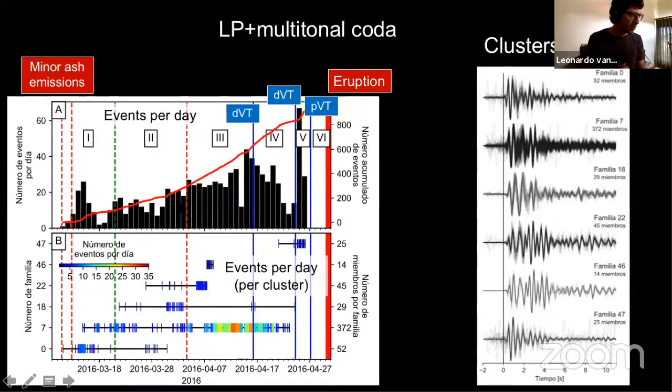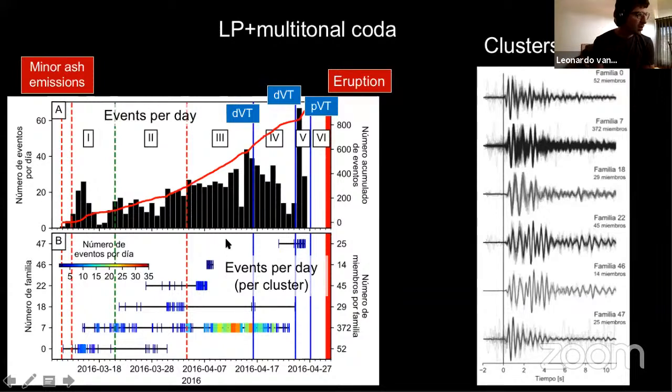So this is, for me, the more interesting stage of the three. Here we have the number of events per day of the, let's say, tornillos. And here we have the number of events per day per cluster. These are the families that were clustered together by cross correlation.